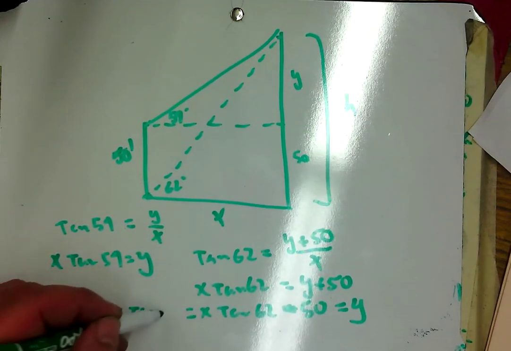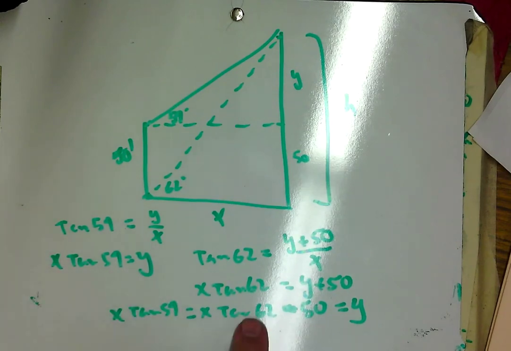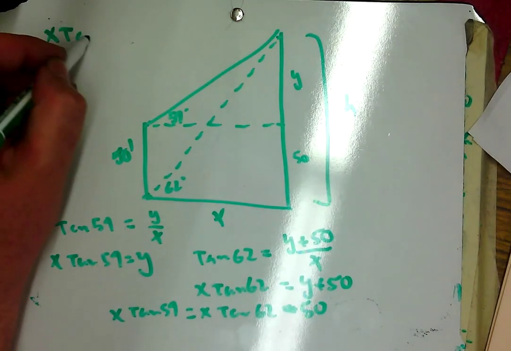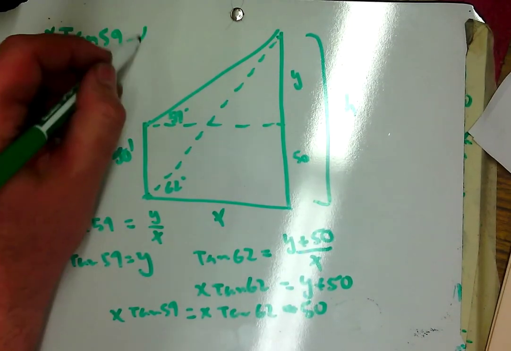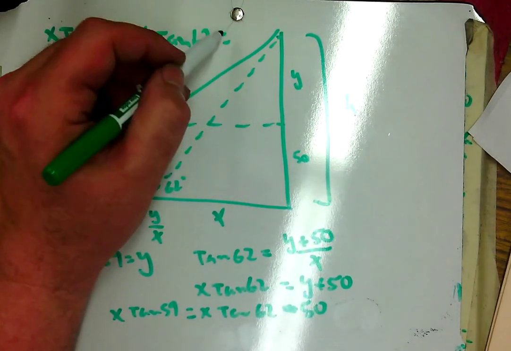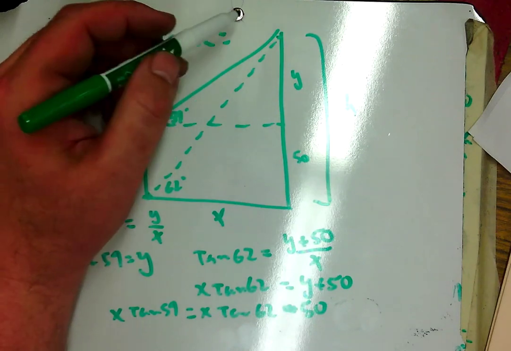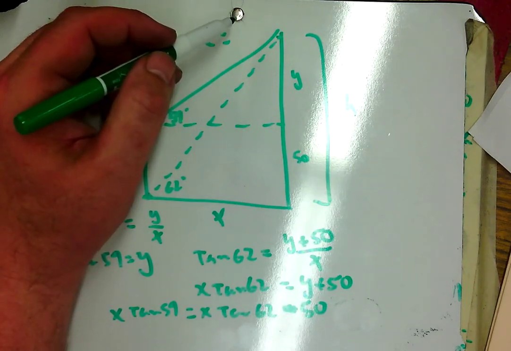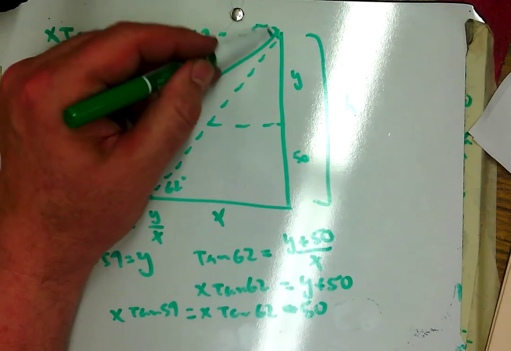x tan 59. Well, the first thing I want to do is move this x stuff all to one side. So x tan 59 minus x tan 62 equals negative 50.